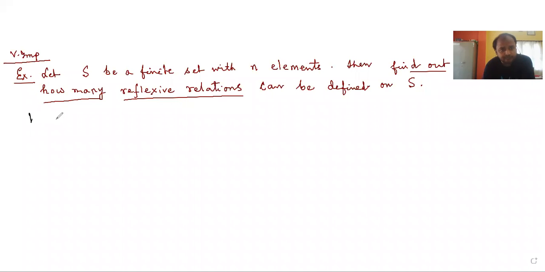So we have the set capital S with n elements in it.